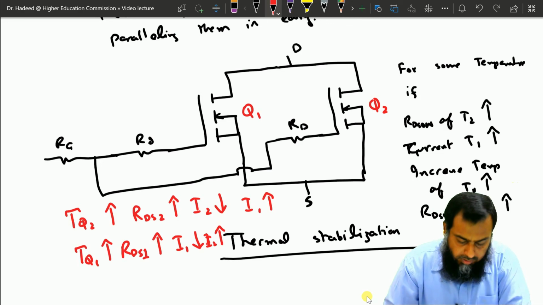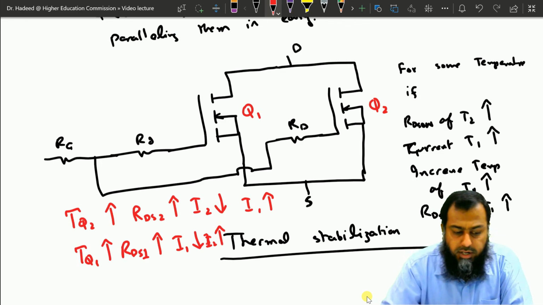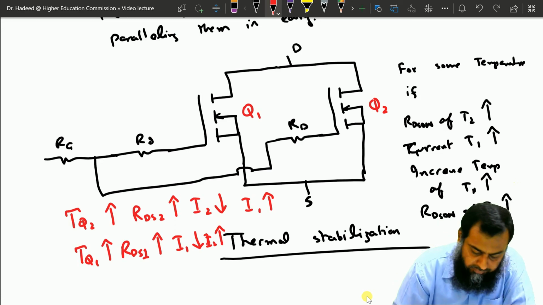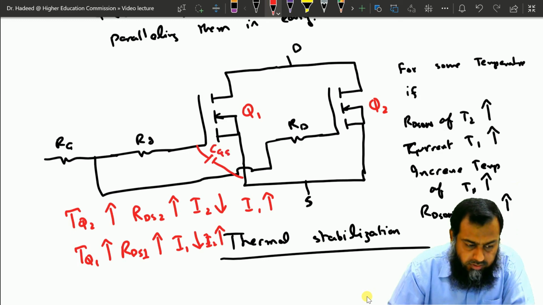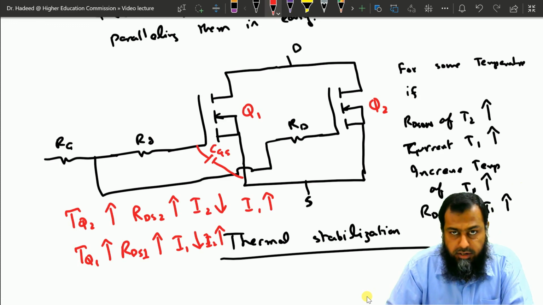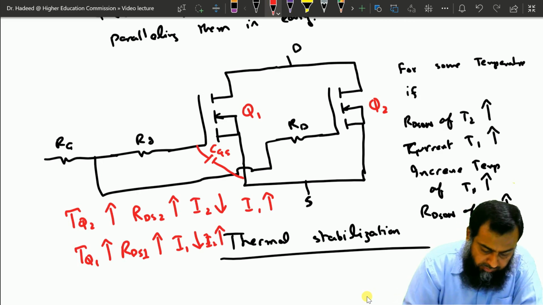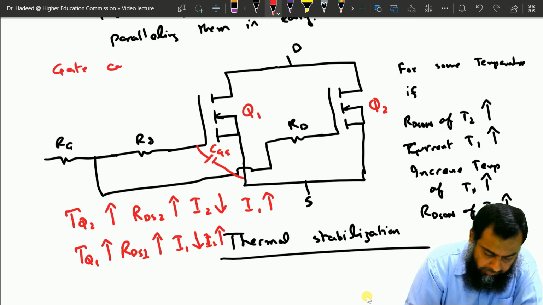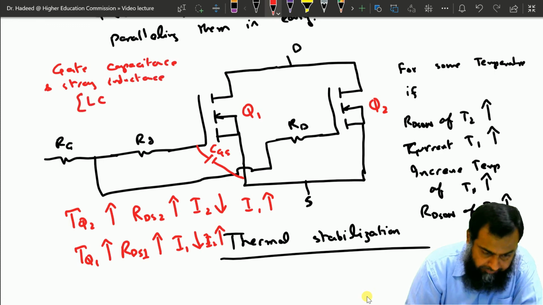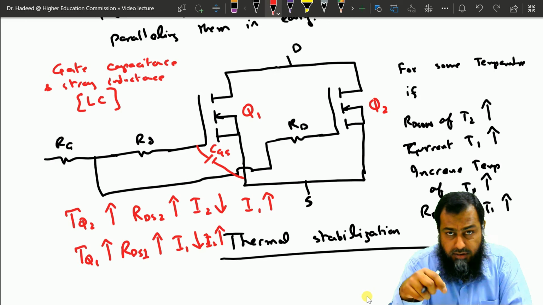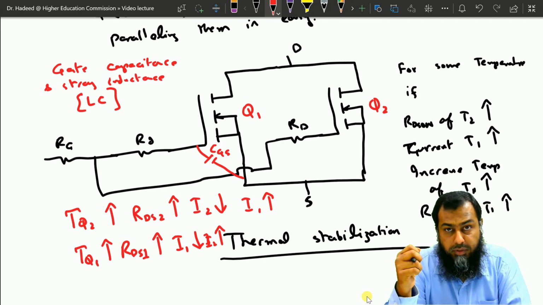Also, if you see here, MOSFET gate inputs are highly capacitive with almost zero losses. So we have the gate to source capacitance, CGS, and of course we have the stray inductances there as well. Therefore, in the presence of this gate capacitance and the stray inductance, there is an LC circuit that creates unwanted high frequency oscillations in the system.